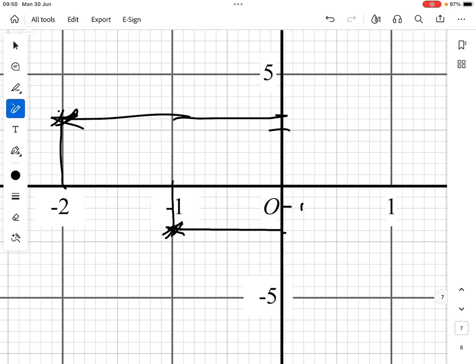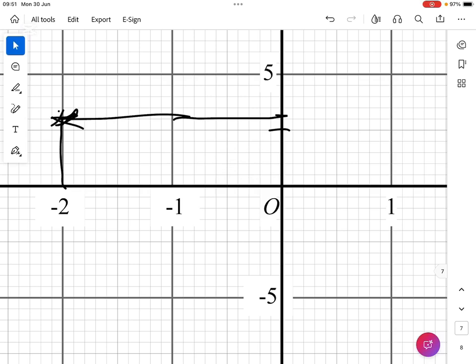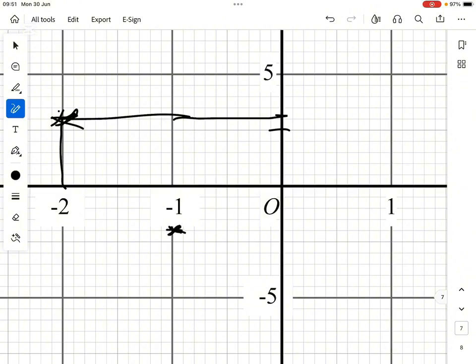This is 1. This is 2. This is 3. This is 4. And this is 5. Minus 5, just like that. So note that we are not taking it like that. So when x is minus 1, y is minus 2. So it's this point.